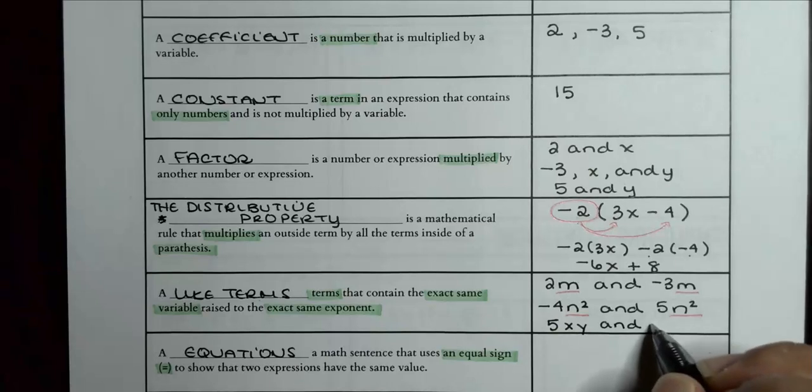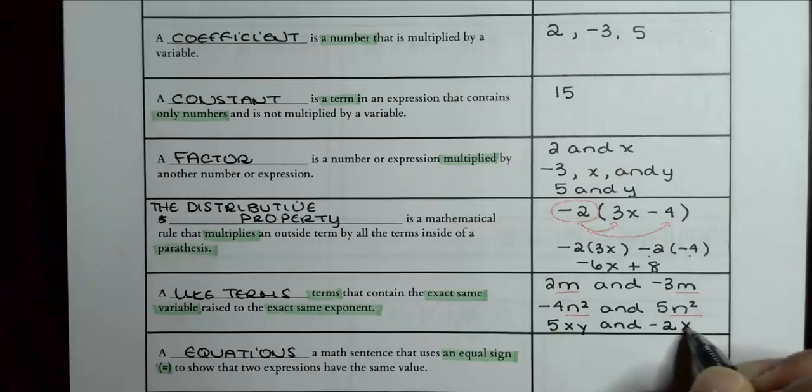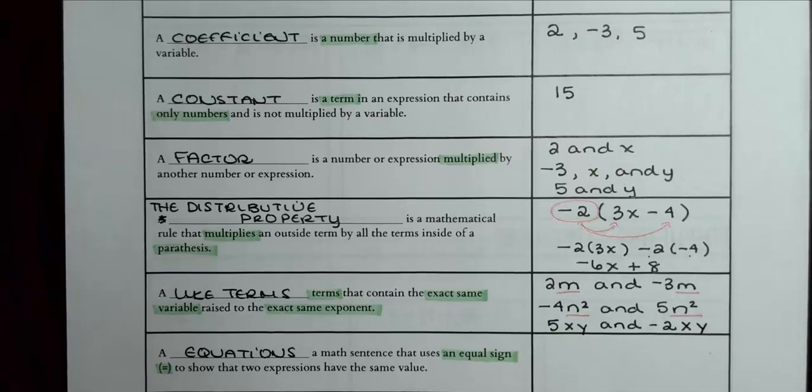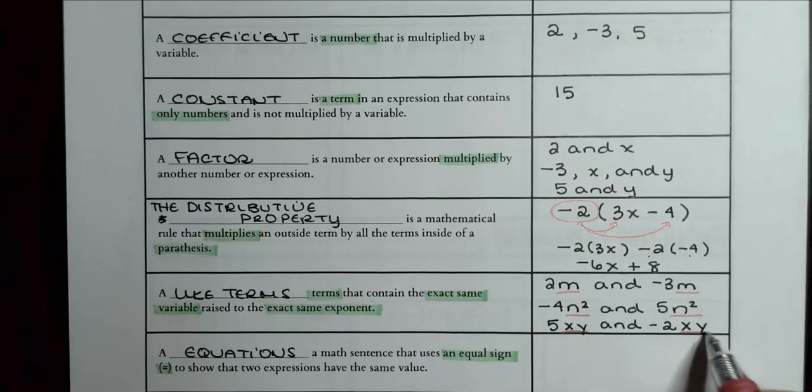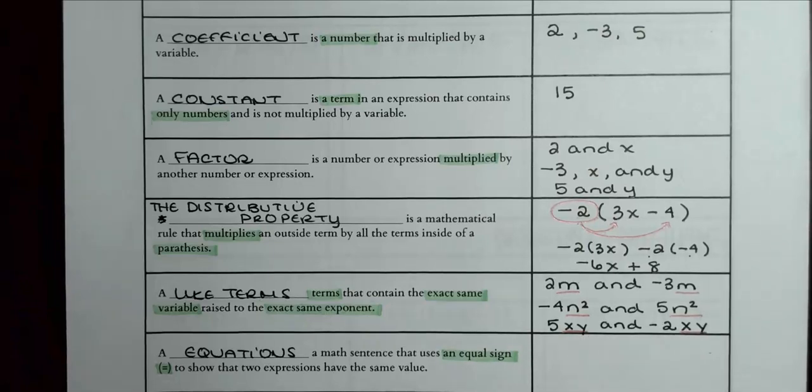So if I had a -2, it would have to have an x and a y for me to be able to say it's a like term. As we start working through some of these problems, I am going to ask you to look if they're like terms. Do they have the same variable raised to the same power?